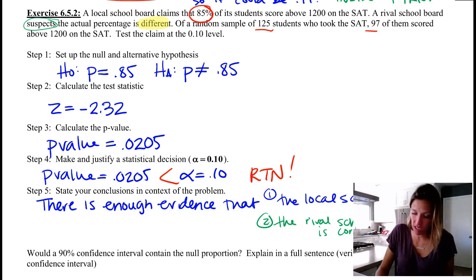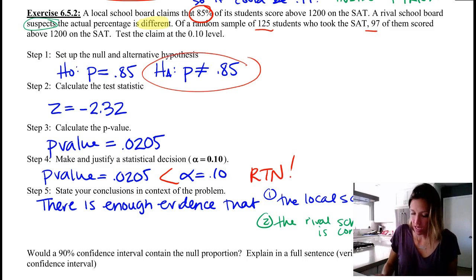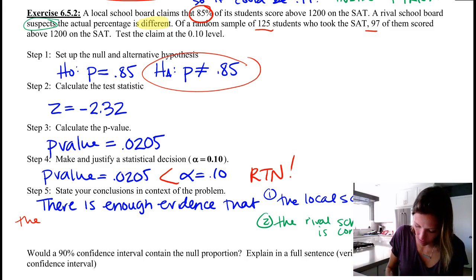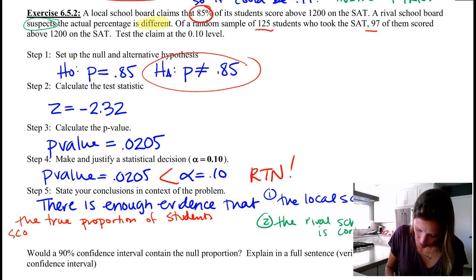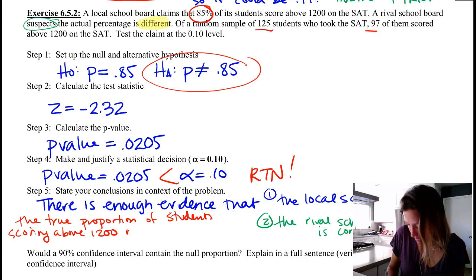Or option 3, I could use this wording and say that the true proportion of students scoring above 1200 on the SAT is not equal to 0.85.